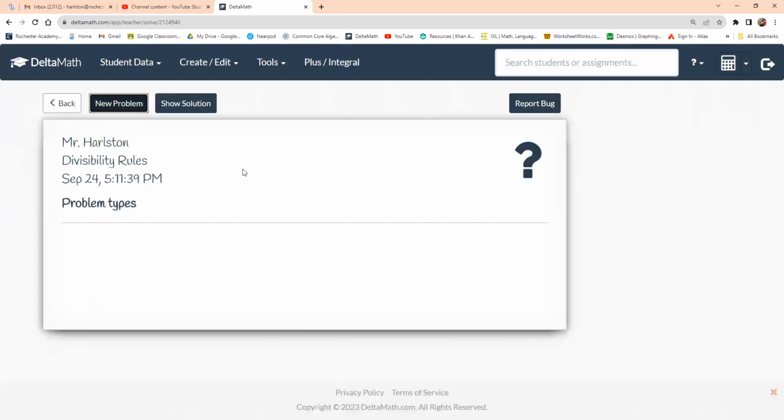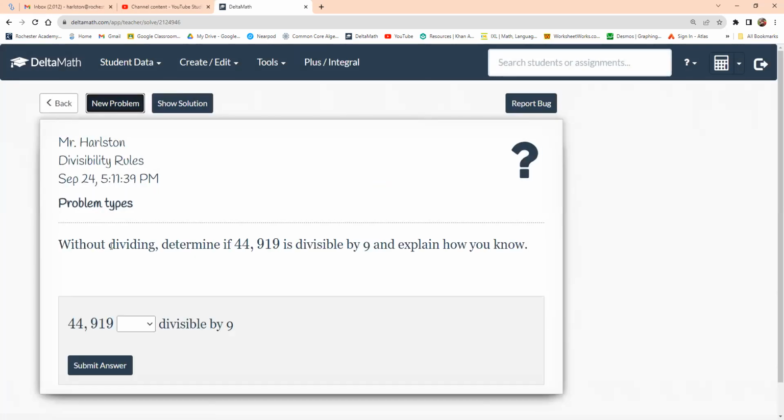I got a new problem. It says, without dividing, determine whether this number is divisible by 9. Same thing: all you're going to do is add the digits.